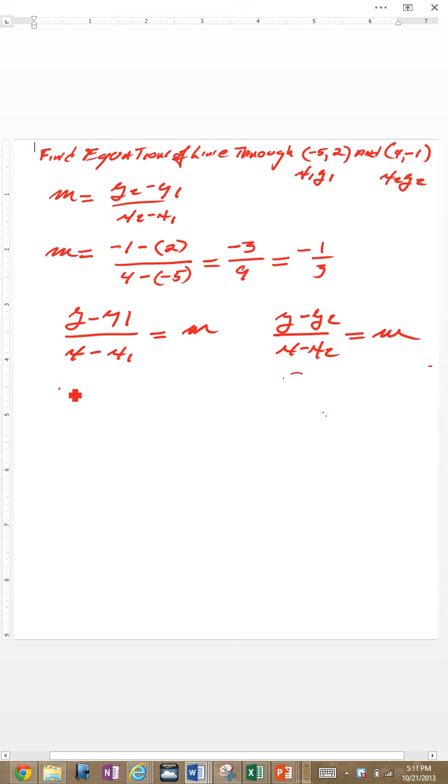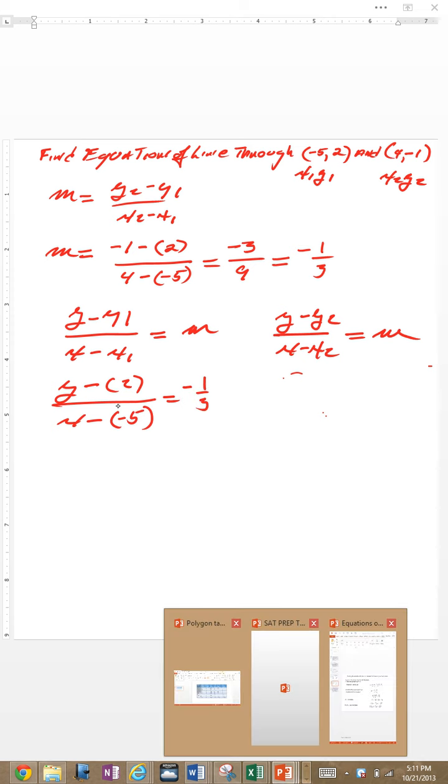So we'll go with the negative 5, 2. So we say y minus the y1 value, which is 2, over x minus the x1 value, which is negative 5, is equal to our slope, which we found to be negative 1/3. Okay? Let's take care of simplifying things with the signs.